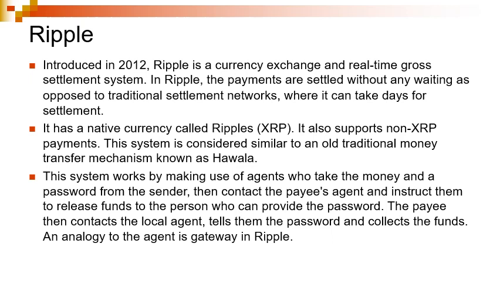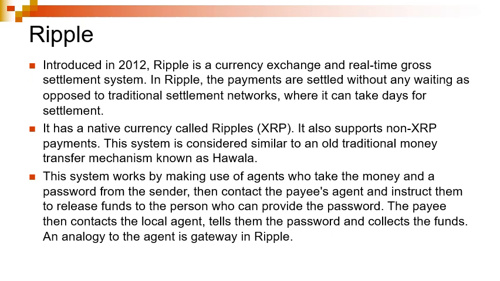This system works by making use of agents who take the money and password from the sender, and then contact the payee's agent and instruct them to release the funds to the person who can provide the password. The payee then contacts the local agent, tells them the password and collects the funds. So the analogy to the agent is the gateway in Ripple.